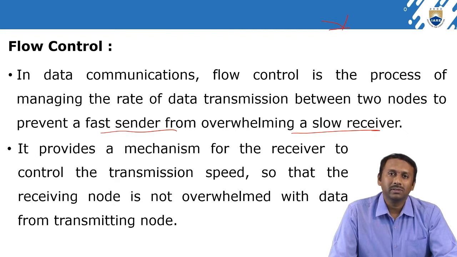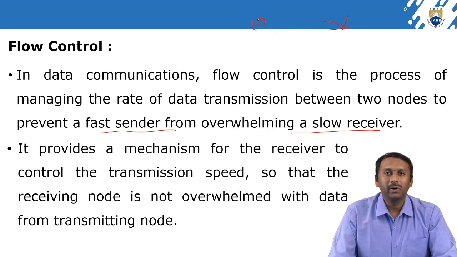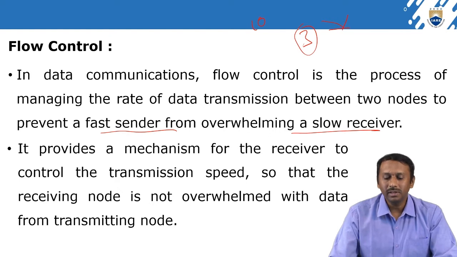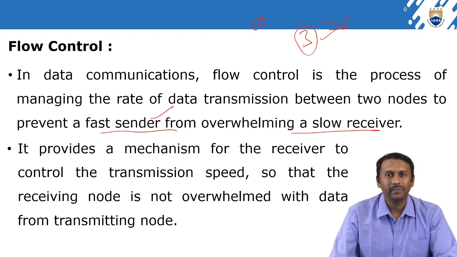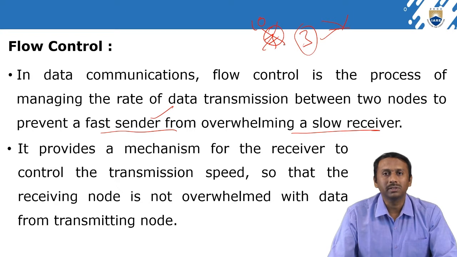Just data loss, isn't it? What if a professor tells 10 points and students are able to grasp only 3 points? That is a fast sender and a slow receiver, right? The 7 points are going to be lost, isn't it?